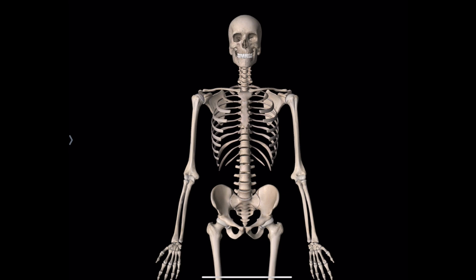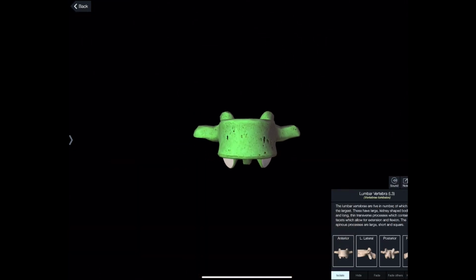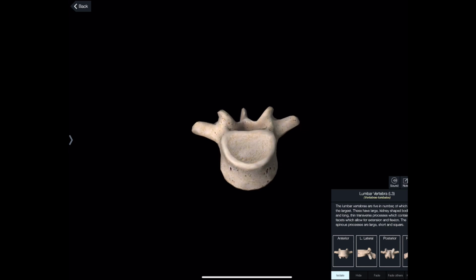So that's the first thing that's important practically to look at when it comes to lumbar anatomy, its overall relation to its neighbors. Now, if we look at one individual vertebra, what we're going to see is that the body of the vertebra is large.